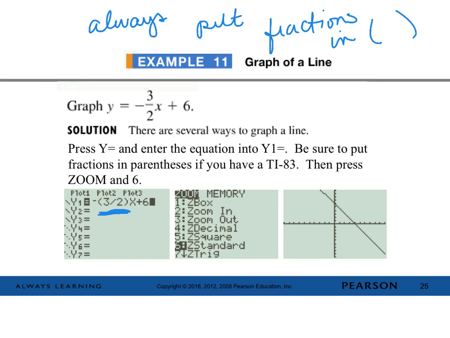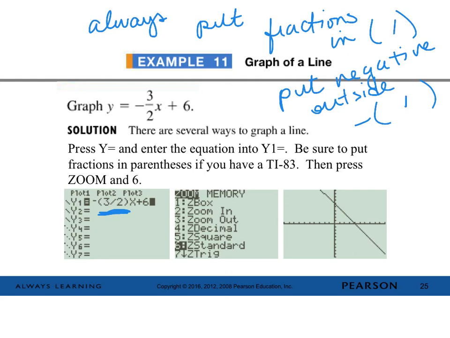And if it's a negative fraction, always put the negative on the outside. So your fraction is always going to be a division.